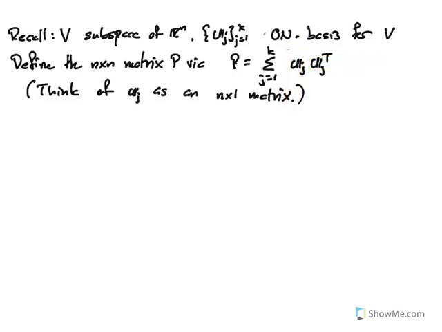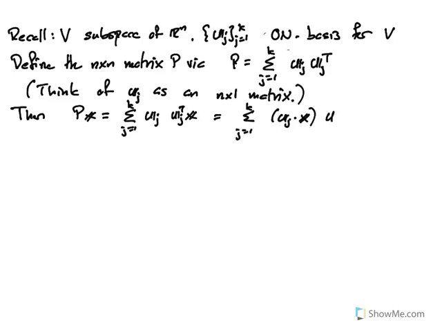Okay, so this is my matrix P. Then Px is the sum of uj transpose times x, and that is just some vector that I called p, lowercase p, on the previous slide.